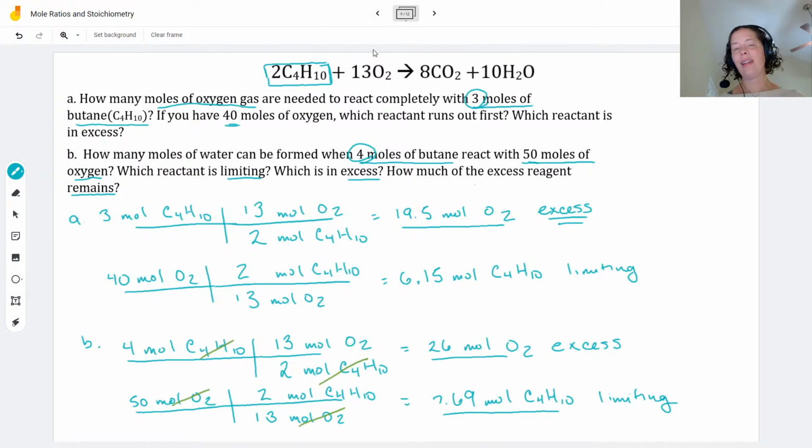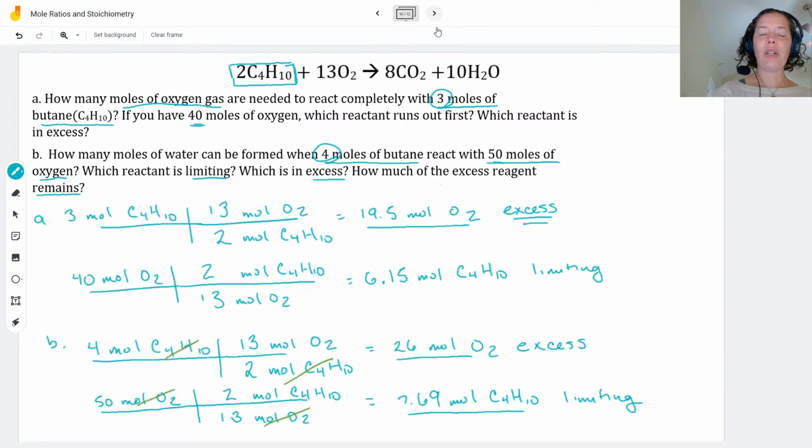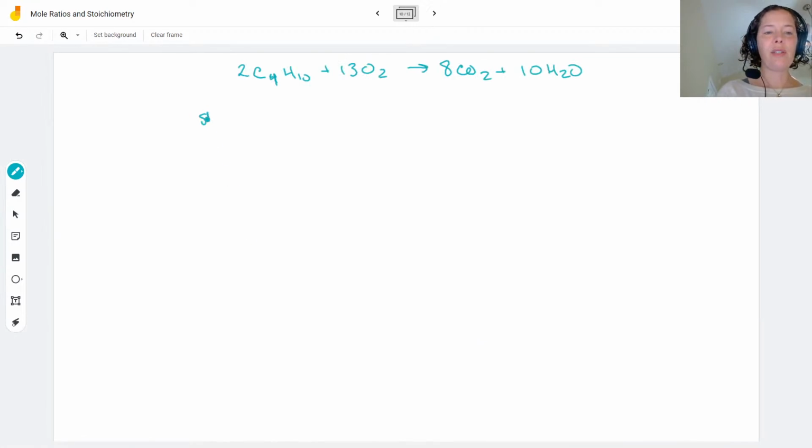So this was again like the sandwich. I need to know, for the excess, which is my O2, how much O2 I started with, how much O2 I used, and that will tell me how much is remaining. The problem tells me how much O2 I started with. So here is start: I started with 50 moles of O2.